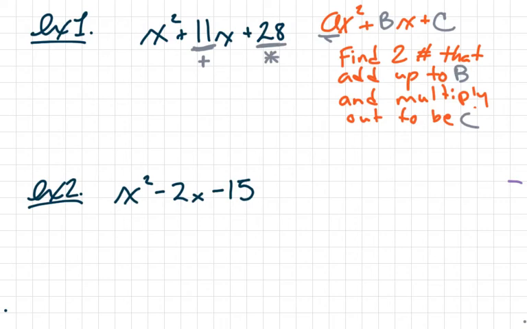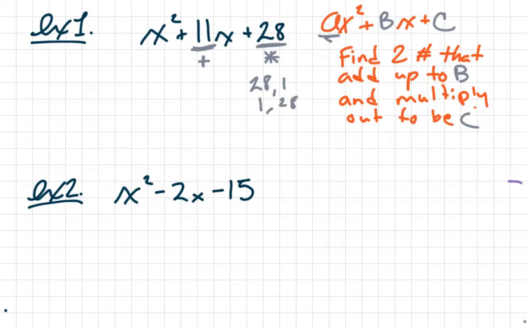How you want to start these problems is, and you can do this in your head, I'm going to do it on paper, but you can do it in your head, I want to find all the factors of 28 and see which pair adds up to 11. Well, we have 28 and 1, I'll say 1 and 28. Why not?